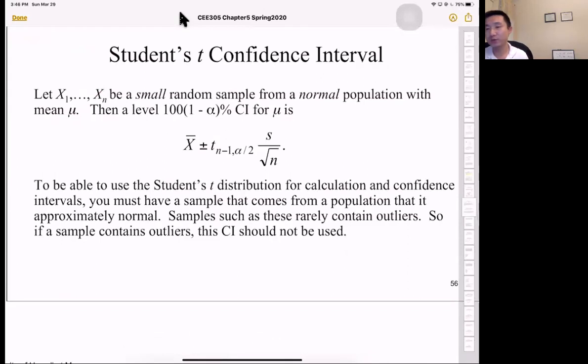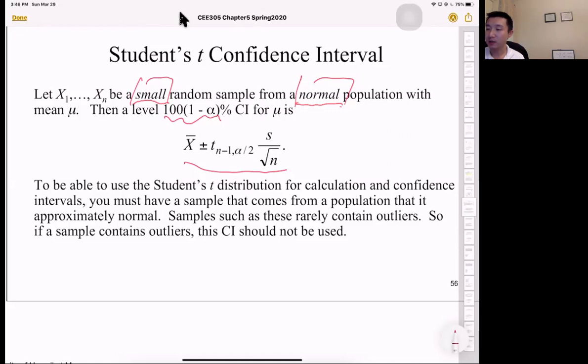So in general, if we define x1, x2 to xn as a small random sample from a normal population. So again, these are the two requirements for us to use Student's t distribution: small sample, normal distribution. Okay, remember that. And then for any confidence interval, we can use this equation to calculate that.